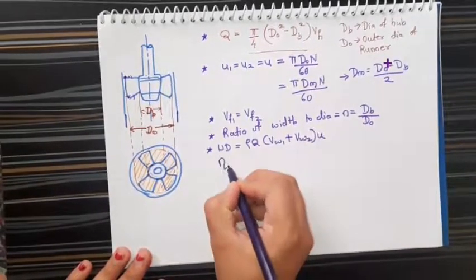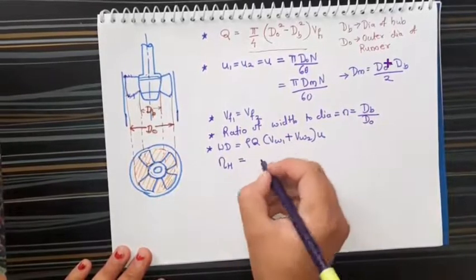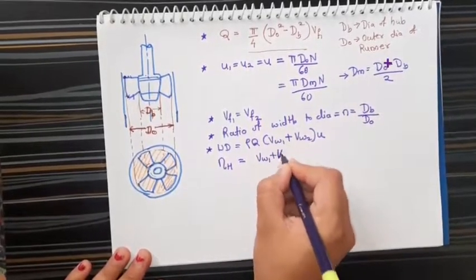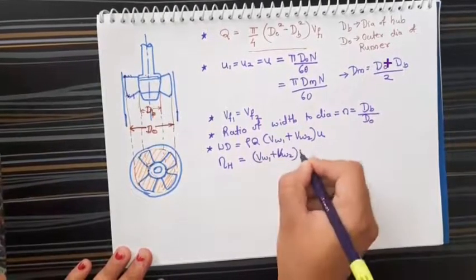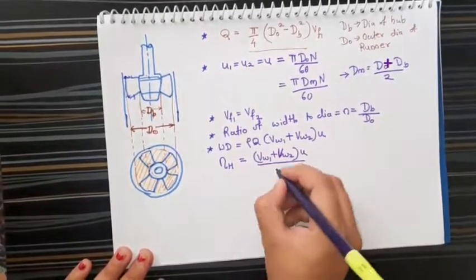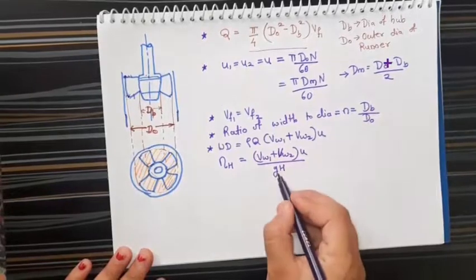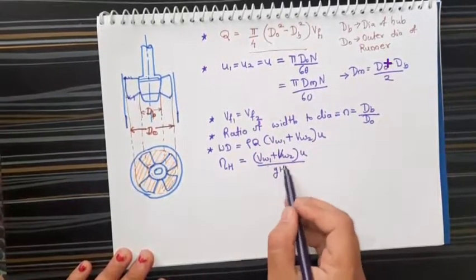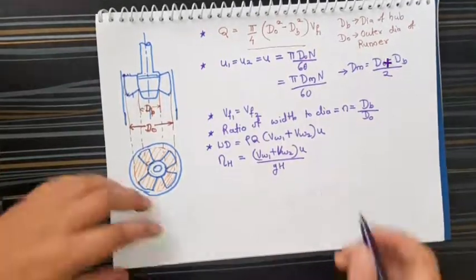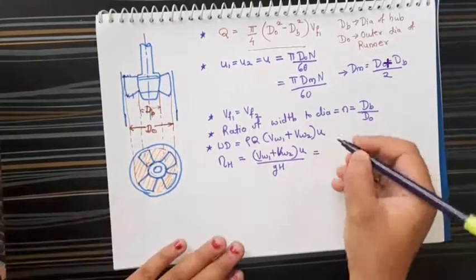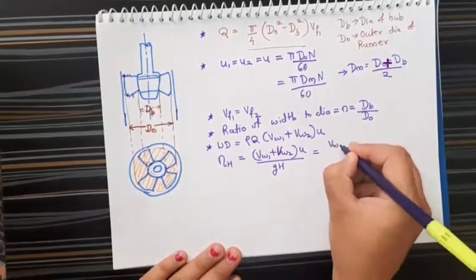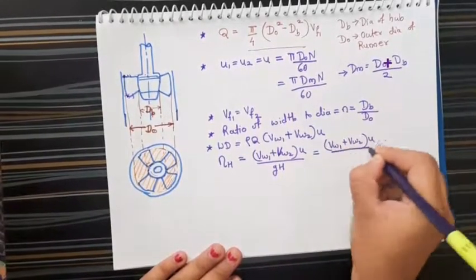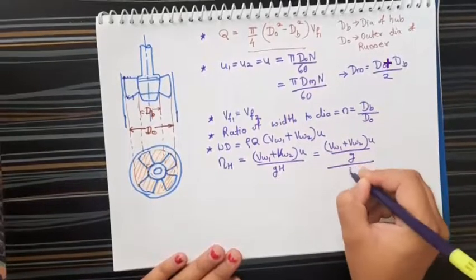So from here we can write the hydraulic efficiency is equal to (VW1 plus VW2) into U divided by gH, as rho Q will get cancelled. Again we can modify this equation to (VW1 plus VW2) into U by g, divided by H.